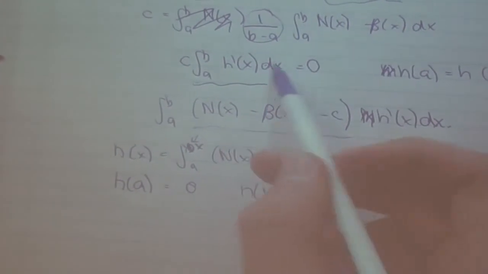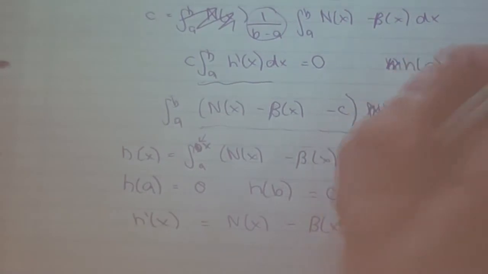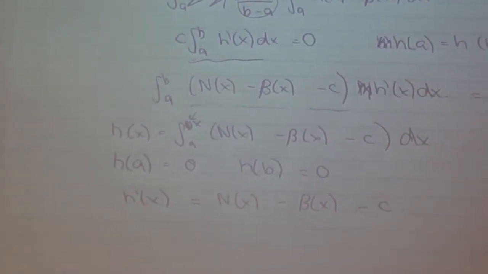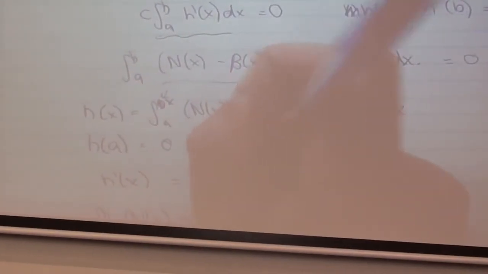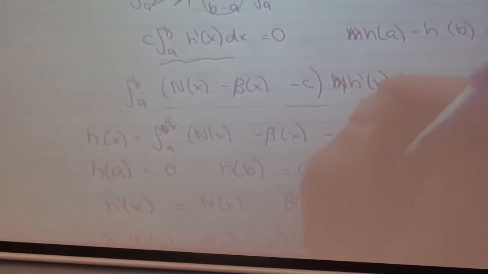Sorry, it's from x to a, equals 0, and h of b becomes 0 because of this constant c. And so h dash of x equals n of x minus beta of x minus c. And so this whole equation, equation 2, which I defined up here, becomes the integral from a to b of n of x minus beta of x minus c squared dx equals 0.